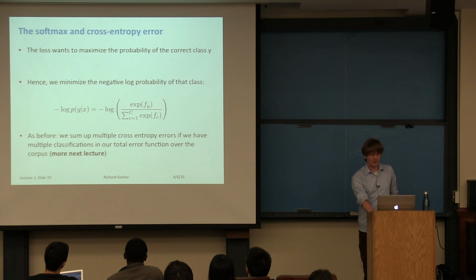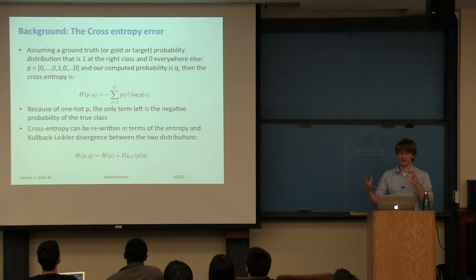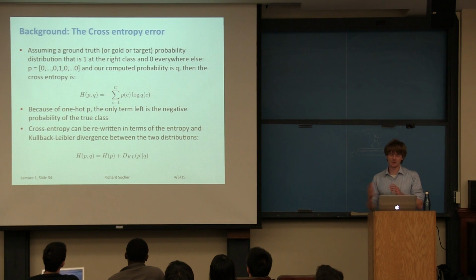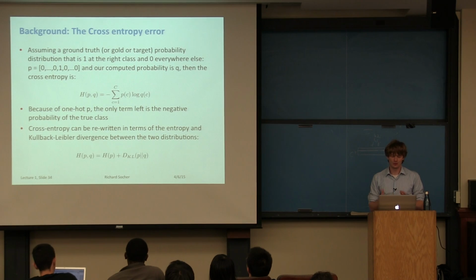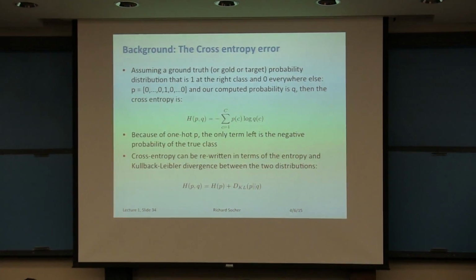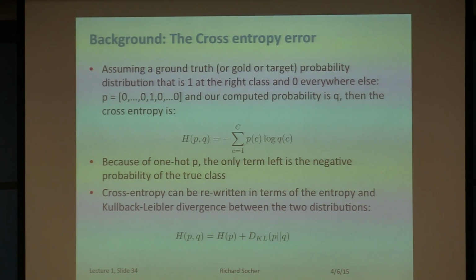Okay, so to give you a little bit of background in information theory and to play around a little more with these concepts to familiarize yourself with them, let's look into the background of the cross entropy error. We can assume that our ground truth probability, which is used interchangeably with the gold probability or the target probability, is a one-hot vector, where we have one for the right class.